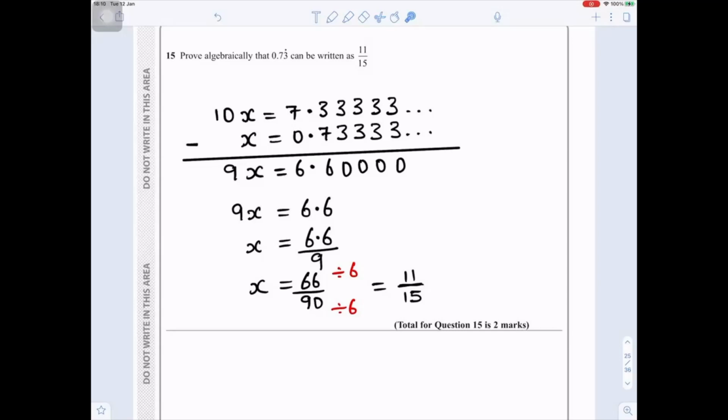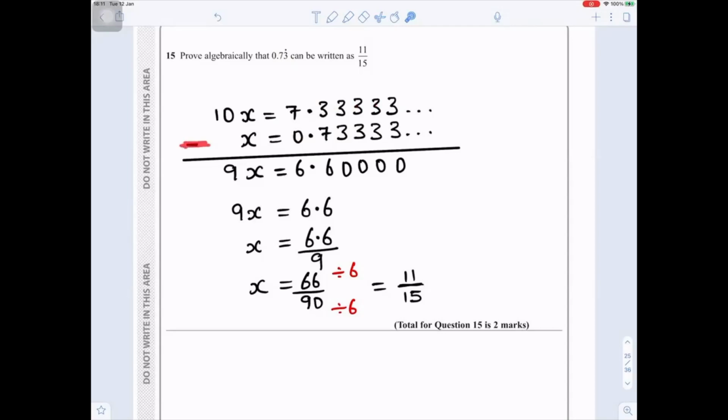So we can write x equals 0.7 with the recurring 3333. And 10 times x is equal to 10 times 0.73333, which gives you 7.3333 recurring.